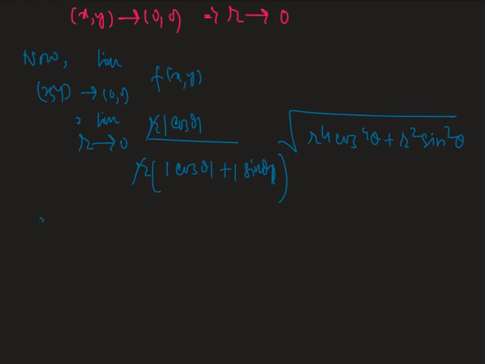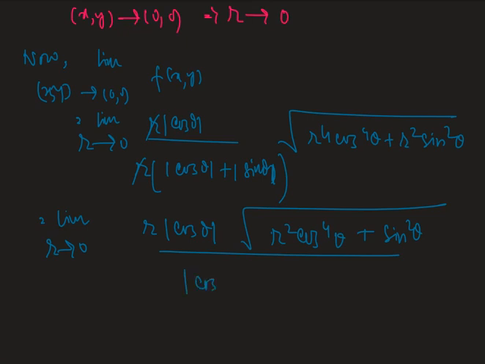Here r cancels out, then we get the limit as r tends to 0 of r modulus of cos theta, root over r square cos to the power 4 theta plus sin square theta, divided by modulus of cos theta plus sin theta.